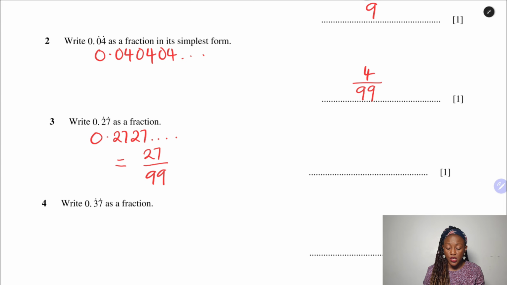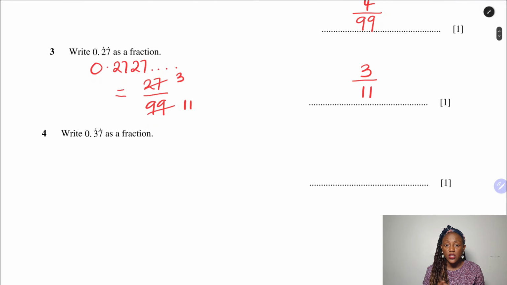Now we could take this to the lowest term. 9 into 9 is 1, 9 into 27 is 3, 9 into 99 is 11. So in its lowest term, 0.272727 as a fraction is going to be 3 over 11.